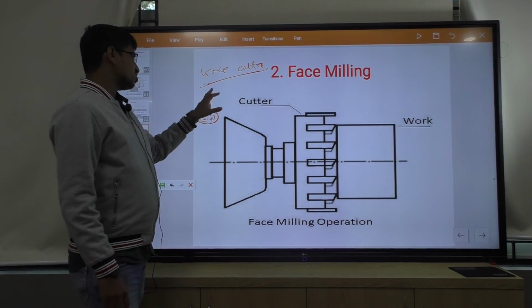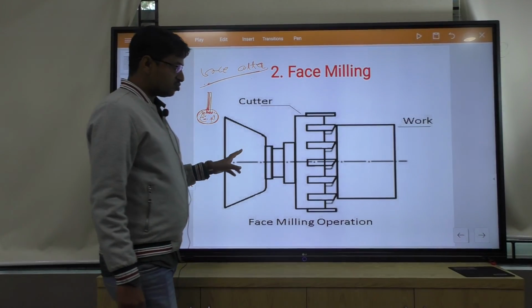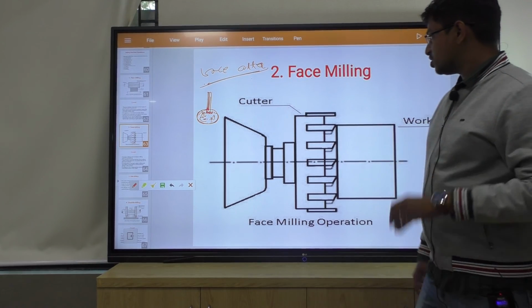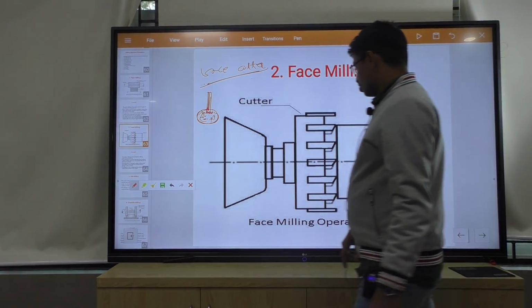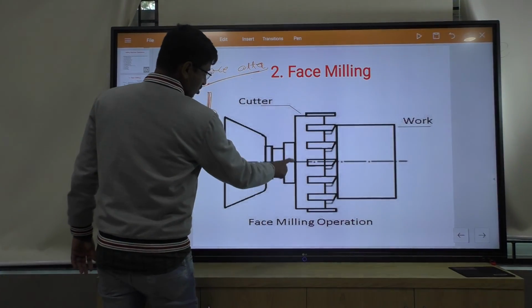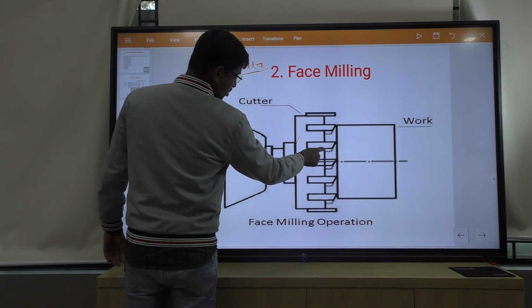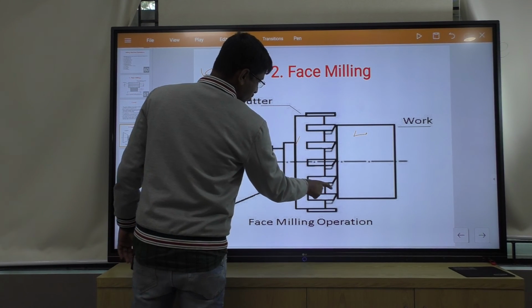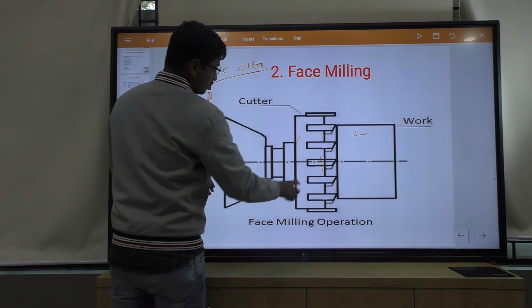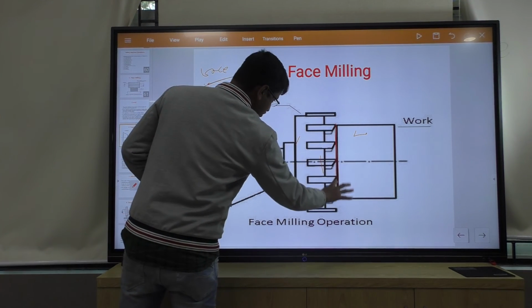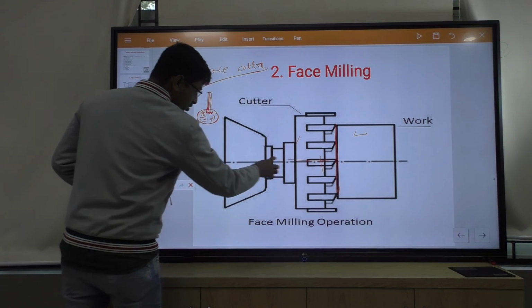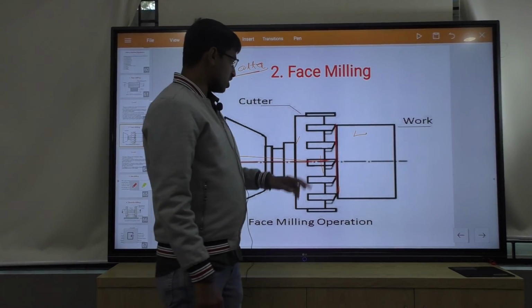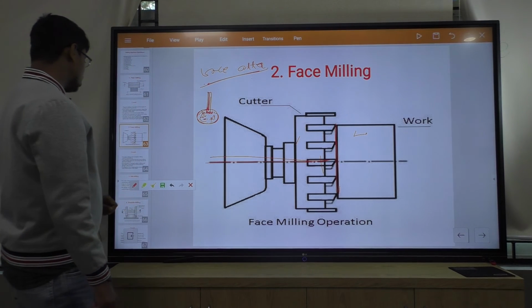This cutter is called a face cutter, and if we use a face cutter to produce flat surfaces, this is called face milling. So this is the cutter with teeth on the end face, and this is the workpiece. This is the flat surface produced, and it is perpendicular to the cutter axis. So this is called face milling operation.